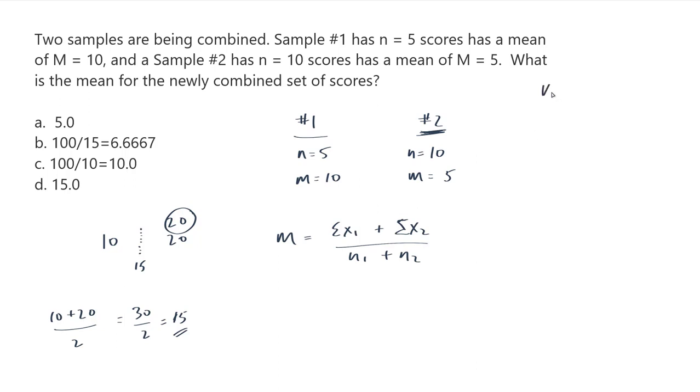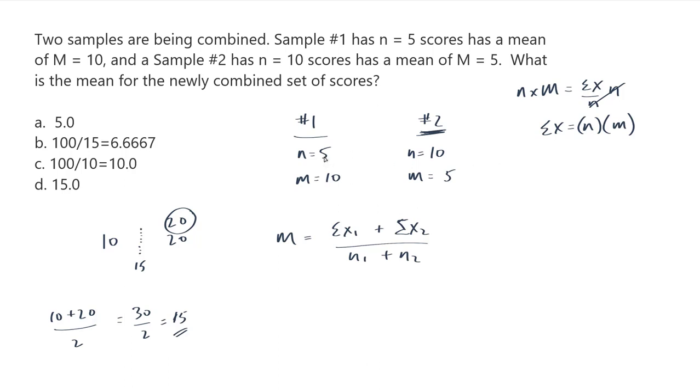Your formula for the mean is the sum of x over n. If I want to get the sum of x by itself, I need to get that divided by n out of there, so I'm going to multiply both sides by n. These will cancel, and this leaves me with the sum of x equals n times M.